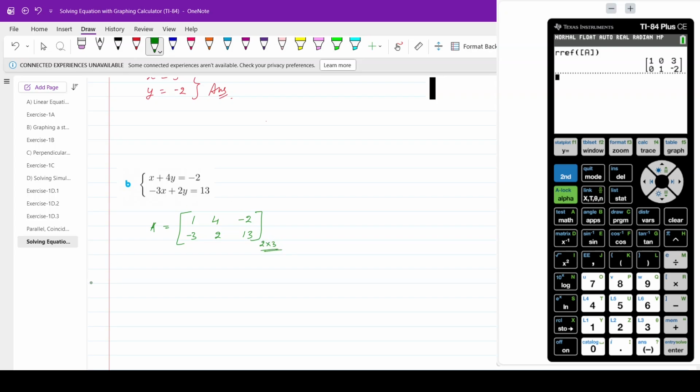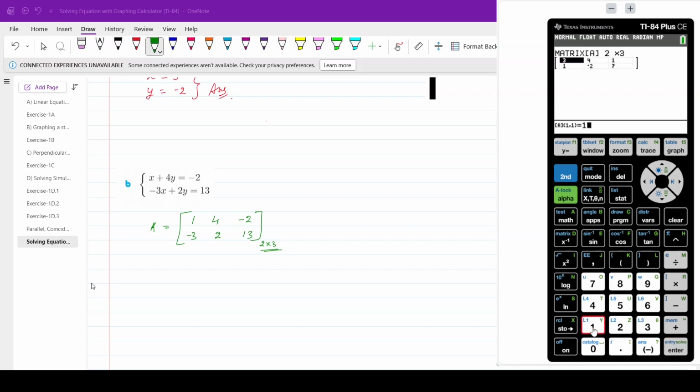Am I right? Now let's move on to the graphing calculator. So I'll quit first and I'll go to matrix again. I'll go to edit first and I'll go to matrix A, and we know this 2 cross 3 is correct in our case.